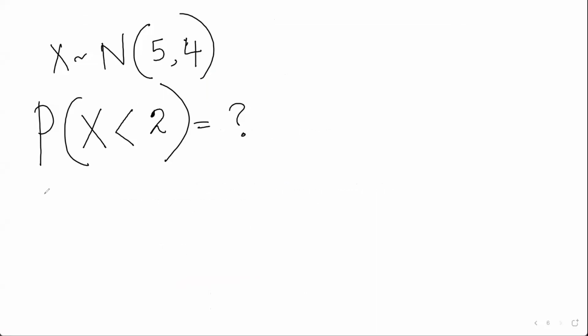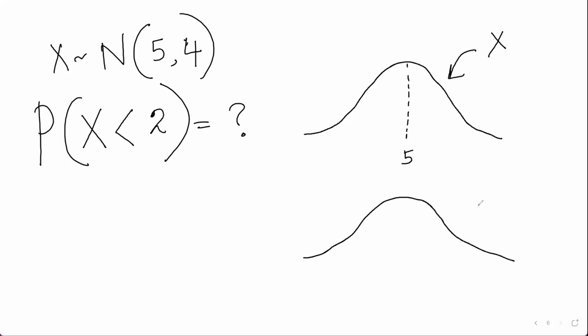This is the distribution of x, and its mean is 5. We map it to a standard normal distribution; this is the z distribution, and its mean is 0. We are asked to compute the probability that x is less than 2.